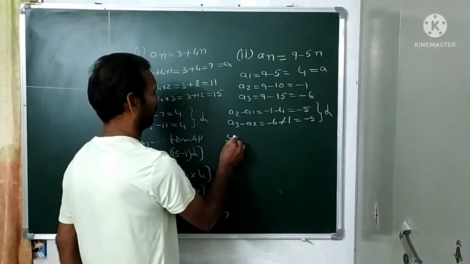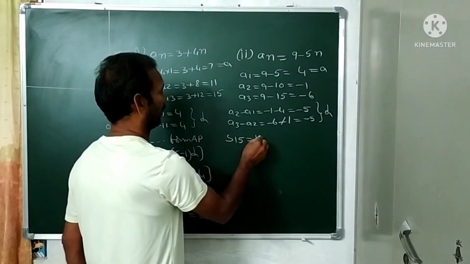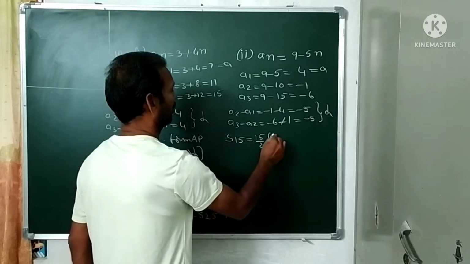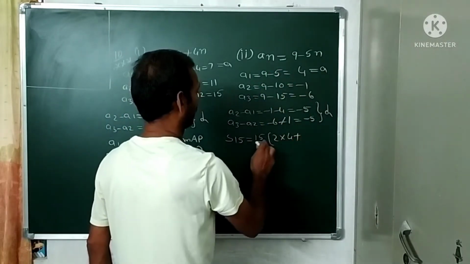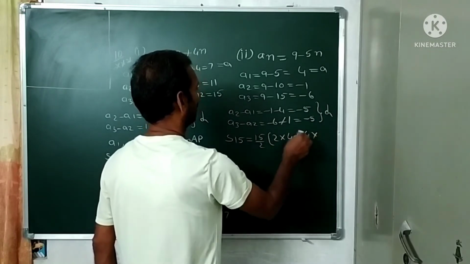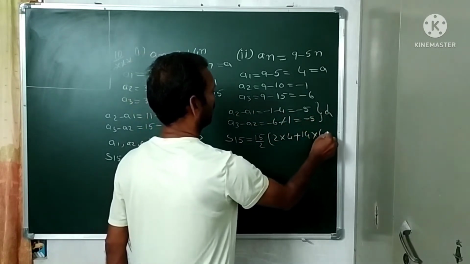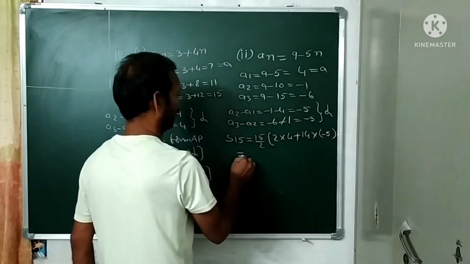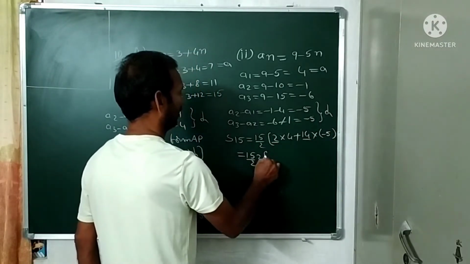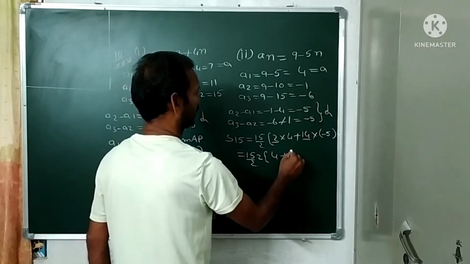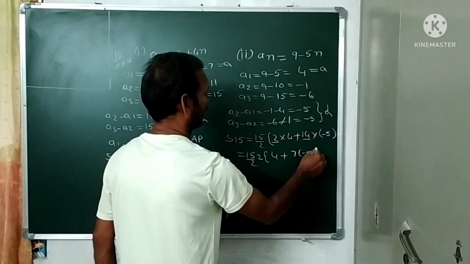S15 is 15 by 2 into 2a, where the a value is 4, plus 15 minus 1, 14, where the d value is minus 5. So 15 by 2, 2 common here and here. So 4 is left, and here 7 times minus 5.